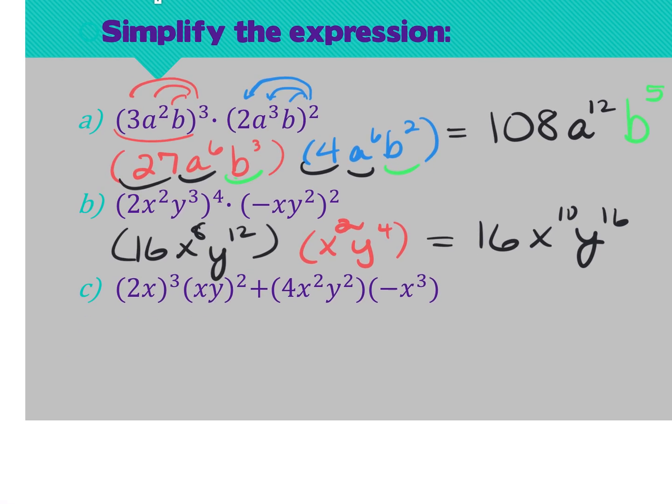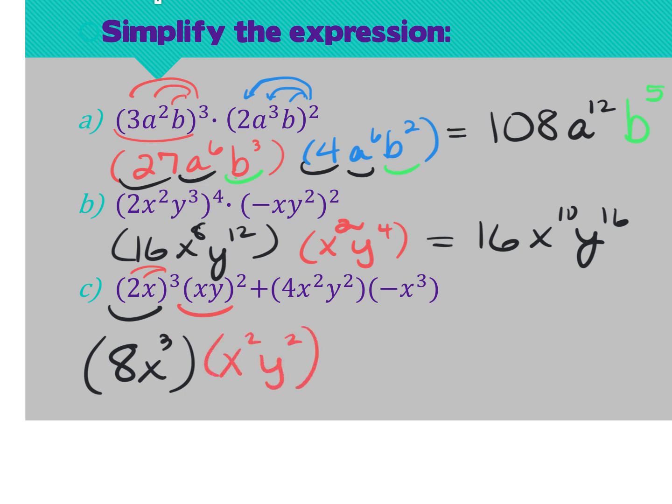For the next one, I need to figure out this one, and then I'll multiply it. So this will become that exponent of 3 goes to the 2 and to the x. So this becomes 8x to the 3rd. And then this one becomes x squared, y squared. Over here, there was nothing to apply, so I could just rewrite this one for now.